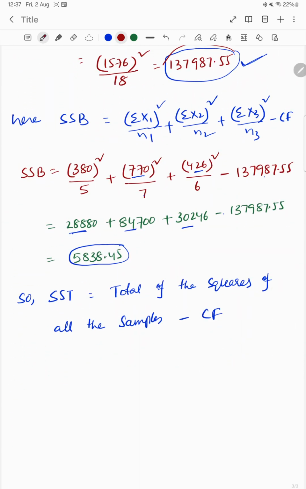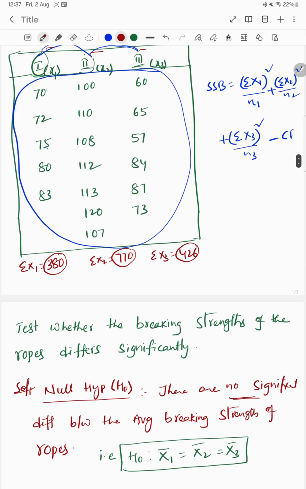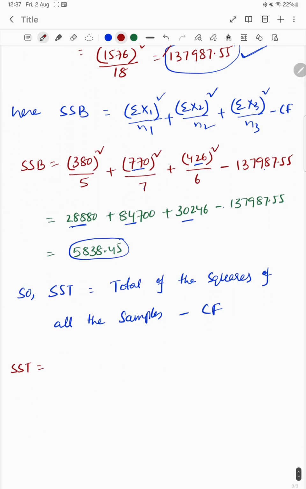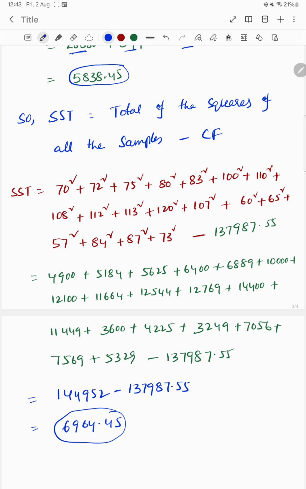Now let's apply this SST. It is 70 square plus 72 square plus so on. After squaring all these values, the sum is 144,952, minus the correction factor, which gives the final value.